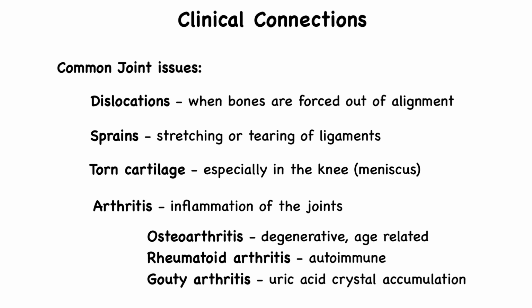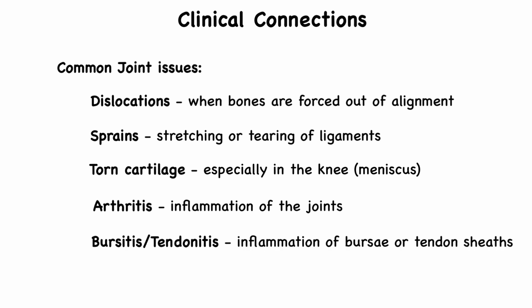And then there's bursitis or tendinitis, where we have inflammation of the bursae or tendon sheaths. These disorders affect mobility, comfort, and quality of life, making joint health an important part of medical and wellness practice.